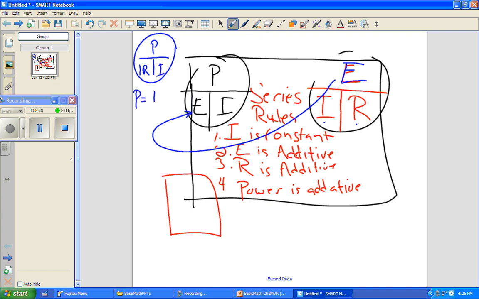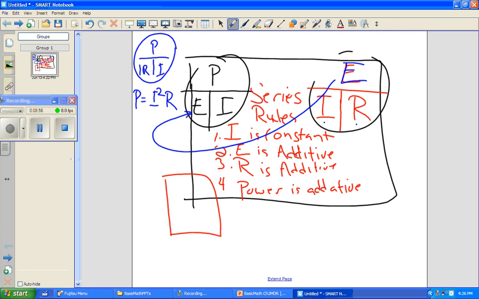P is equal to I times I, or I squared, R. P is equal to I squared R. That's a new formula that we just derived from our pioneer wheels.